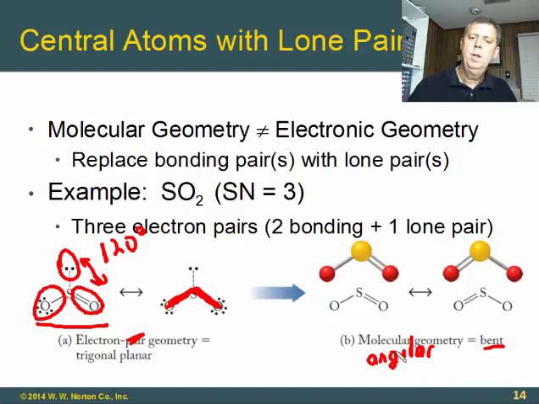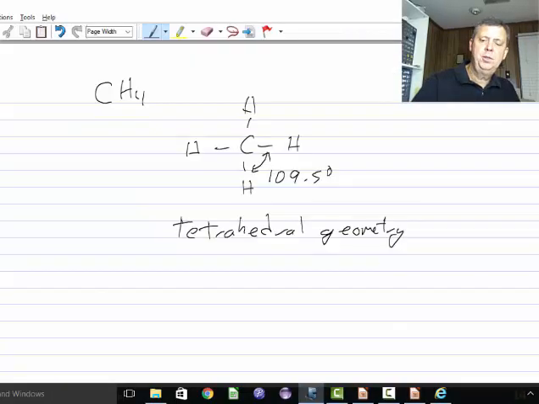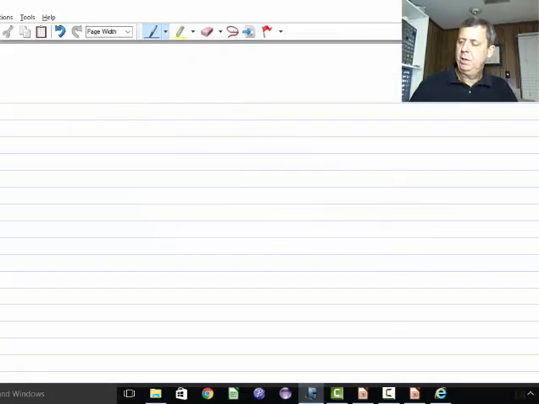So it's bent or angular geometry, same thing. And really that means it's not linear. You can have another good case of angular geometry. Let's take water.